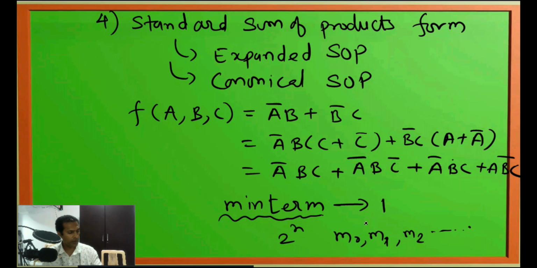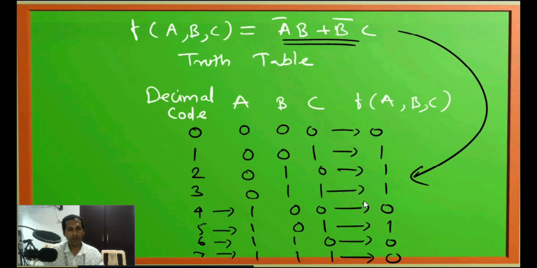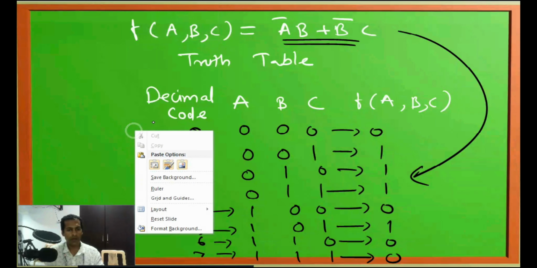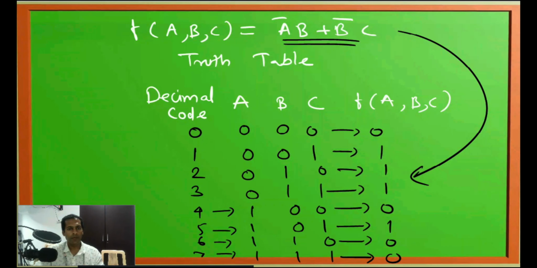For a 3 variable term, m0 will be A bar B bar C bar, and m1 will be A bar B bar C. Say for this truth table, if we have to write m0, what we can write: A bar B bar C bar, right?